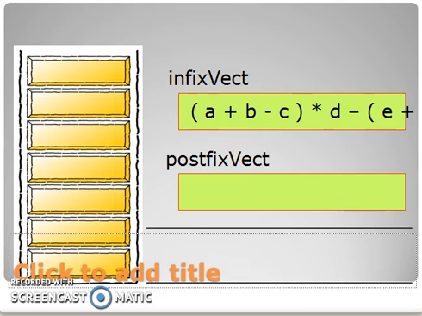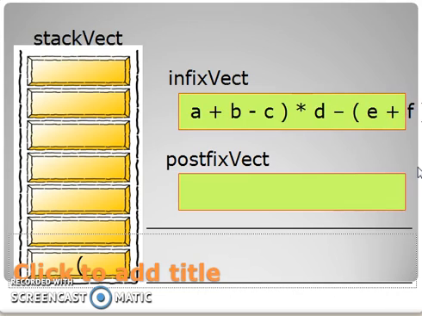For example, here we have a stack, an infix vector and a postfix vector. Initially the infix expression is a, open parenthesis, a plus b minus c, close parenthesis, star d minus open parenthesis a plus f close parenthesis. Initially we insert the open parenthesis into the stack.